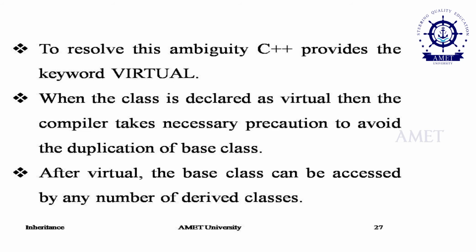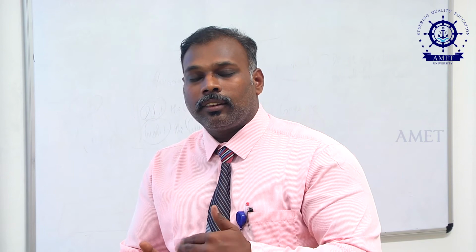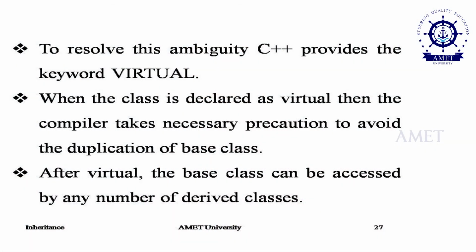This is what I told: class animal, class lion, the example we discussed in hybrid inheritance, class lioness, class cub. Here the ambiguity occurs while the derived classes lion and lioness access the base class.